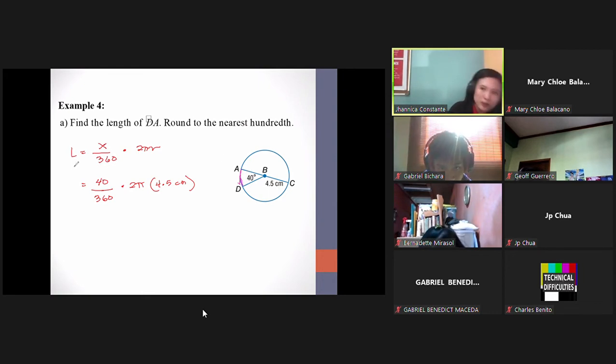So we have the formula: central angle divided by 360 times 2 pi times the radius. So 40 over 360 times 2 pi r. In solving for the length of the arc, we're always going to use the value for our pi.